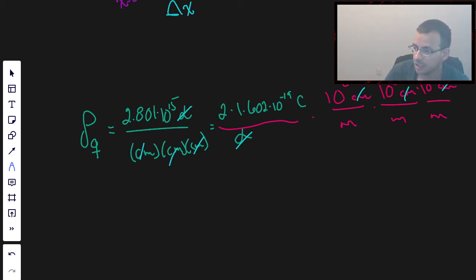So Wolfram: 2.8 times 10 to the 15th times 2 times 1.602 times 10 to the negative 19th times 10 squared, but we're going to do that 3 times, so it's going to be 10 to the 6th. And that should give us a number.